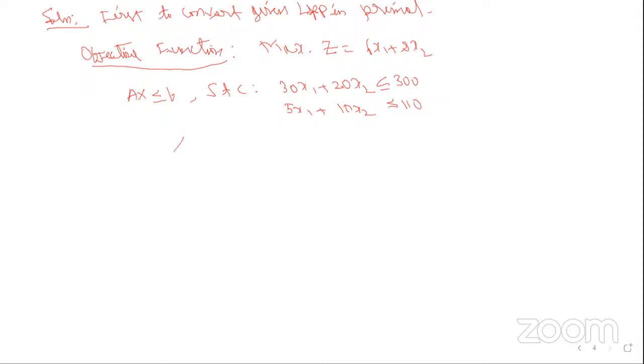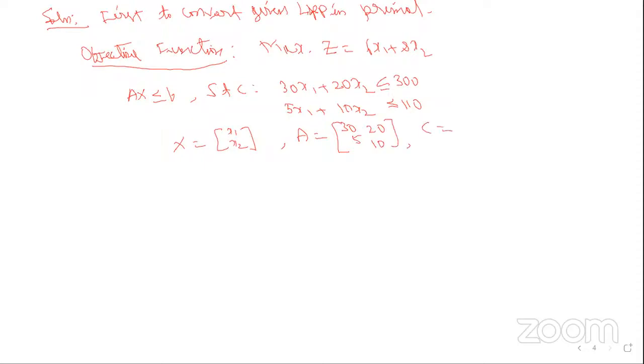Here, capital X is nothing but x1, x2, right? Here, A equal to the coefficients of x1, x2, which means 30, 20, 5, 10.